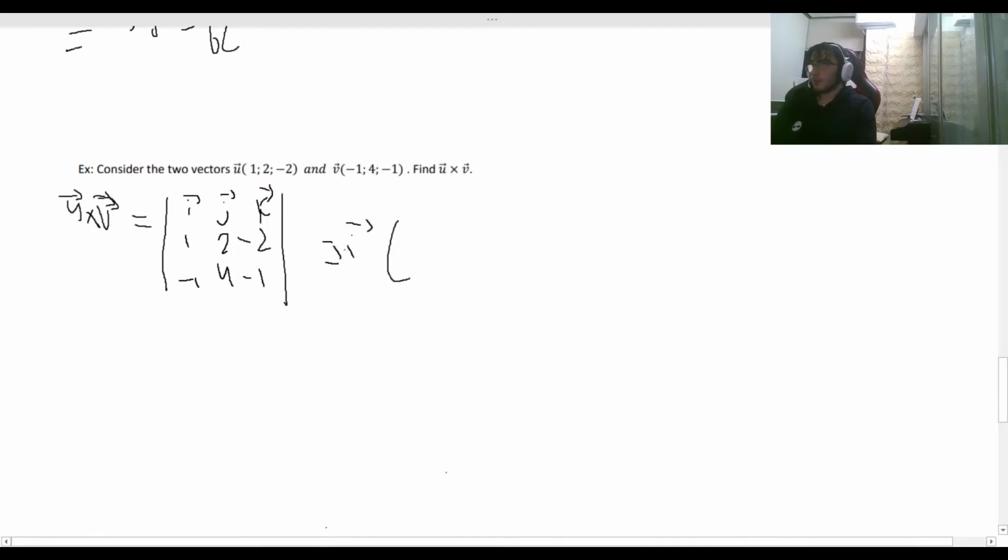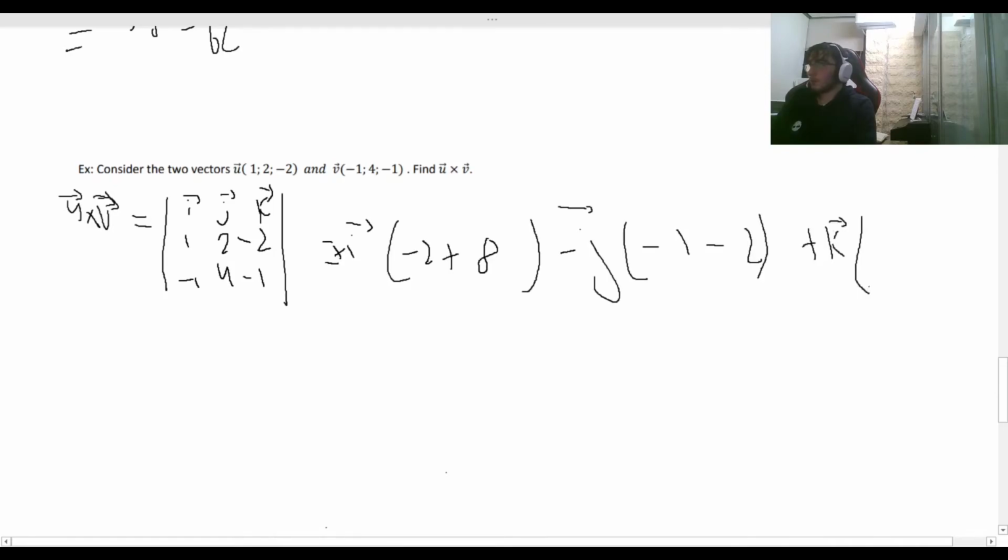Positive i into 2 times negative 1, that's negative 2, minus 8, that's equal to positive 8, minus j vector into, that's negative 1, negative 2, plus k vector into, that's 4 plus 2, which is equal to 6.